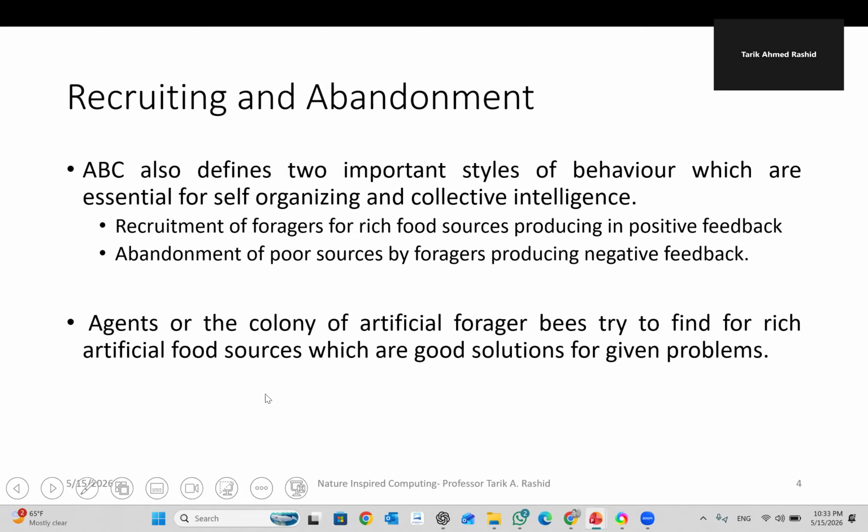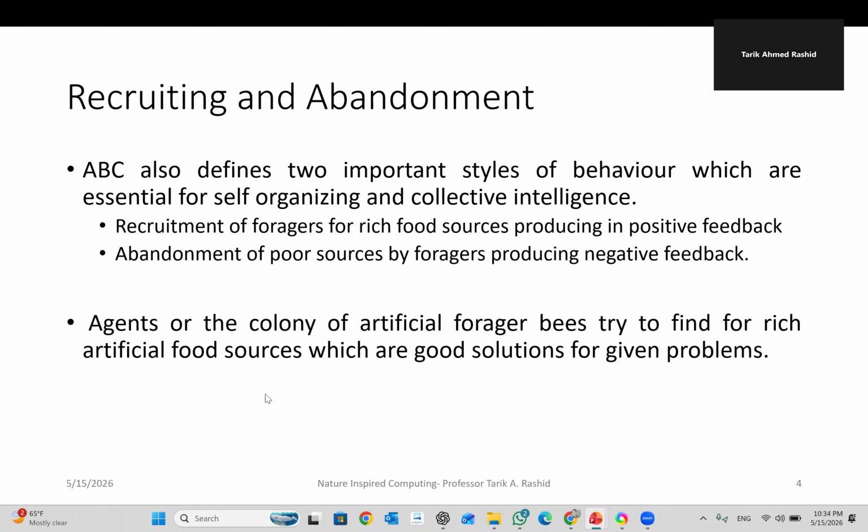ABC also defines two important styles of behavior, which are essential for self-organizing and collective intelligence. The first one is recruitment of foragers to rich sources, producing positive feedback.